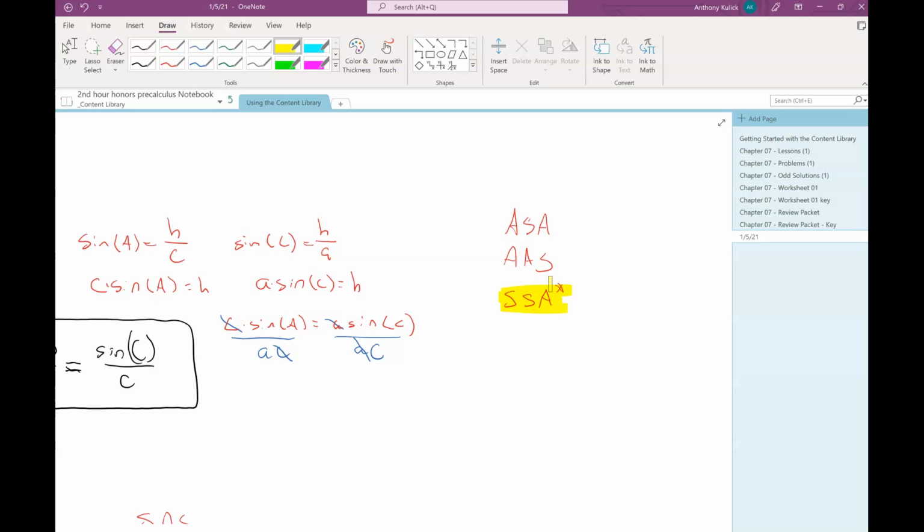They're 2 distinct triangles. So we have to be very careful in this side-side-angle situation because sometimes we can get 1 answer and sometimes we can get 2 answers. And I think even 0 answers is possible in a degenerate case situation.